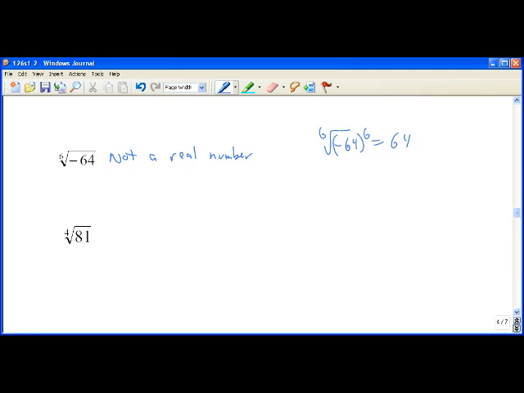Okay, the fourth root of 81. What's the fourth root of 81? Well, that's like the fourth root of 3 to the fourth power. So it's what? What would that be, Aspen? The fourth root of 3 to the fourth power.